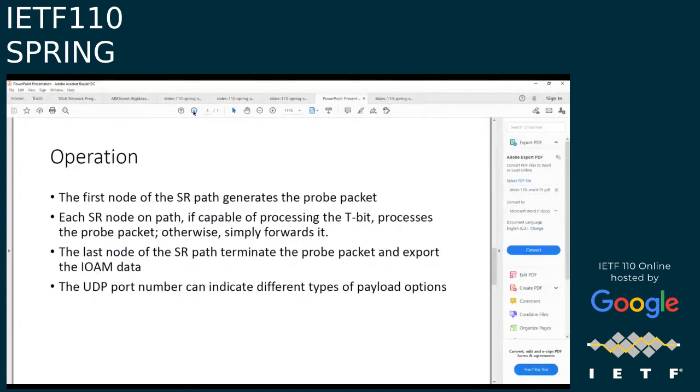The last node of the SR path will terminate the probe packet and export the IOAM data to collectors. As I just mentioned, we can support various IOAM options using the same method. We simply use a different UDP port number to differentiate them. Next slide.